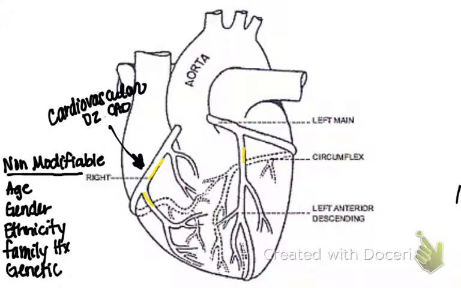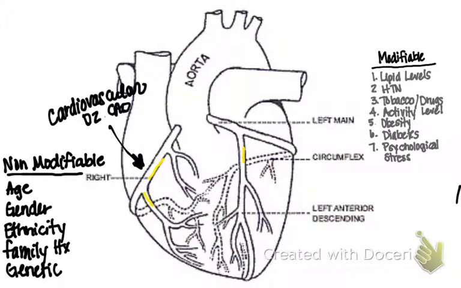Now, often you will hear that there are non-modifiable reasons that this happens: age, gender, ethnicity, family history, genetics. And then there's also the modifiable ways that this can be controlled through lipid levels, through medication, through taking care of someone that has hypertension, them taking their medicine, stopping smoking, increasing your activity level.